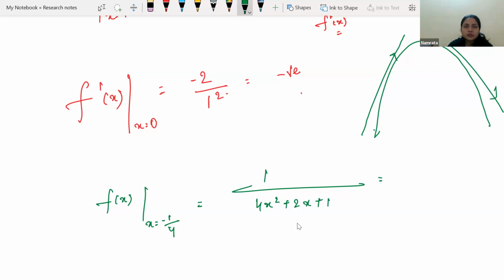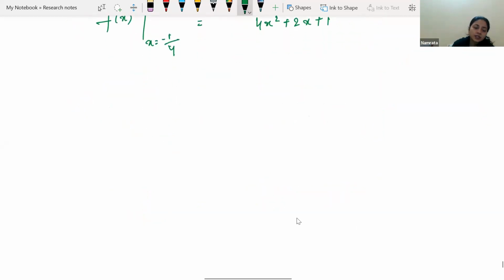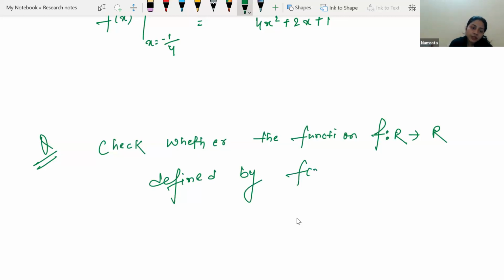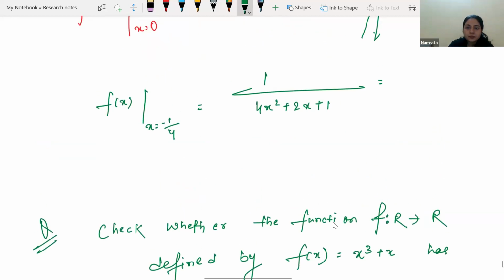You will be able to do the calculation, no? Let's move ahead with the next question, which is check whether the function f from R to R defined by f of x equals x cube plus x... The maximum value is 4 by 3.